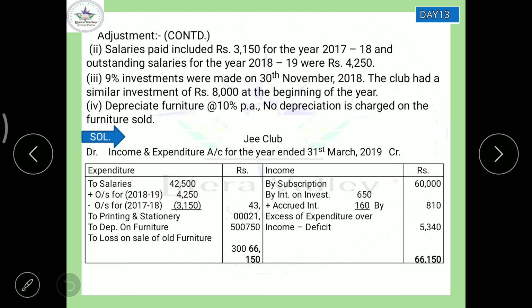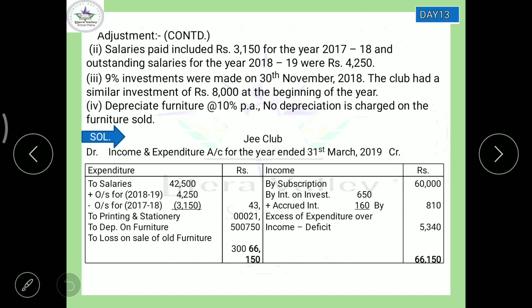Depreciation on furniture 10%, and furniture has actually been purchased on 1st October. So for 15,000 you need to depreciate furniture by 10%, because as instructed in the question, depreciation need not be charged on furniture sold.